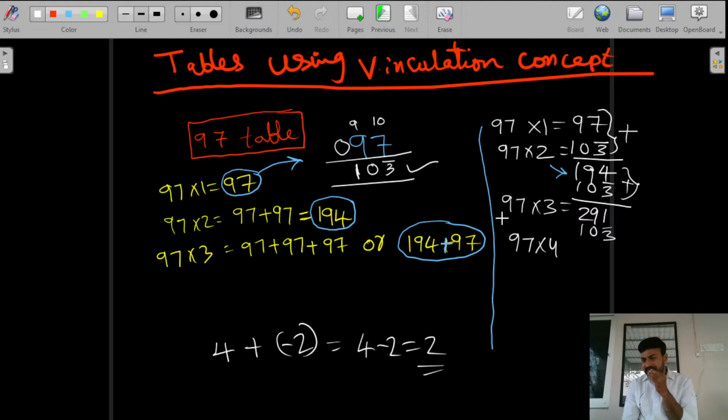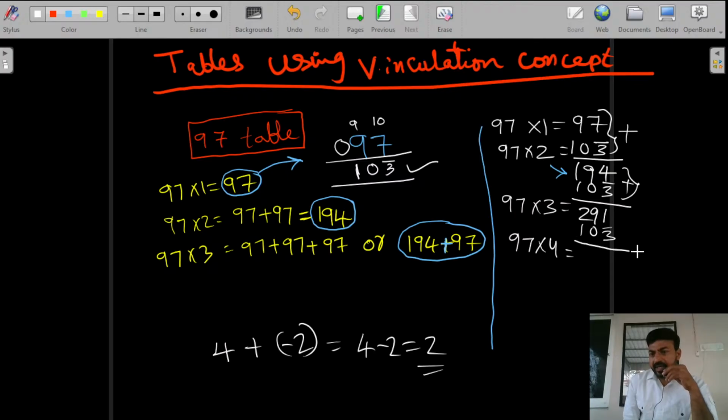Here we are adding 97 only, but in vinculated form. That is the magic here. If you add the vinculated form, you feel it is easier than adding 97 every time. So you got 291, and 97 threes are 291.